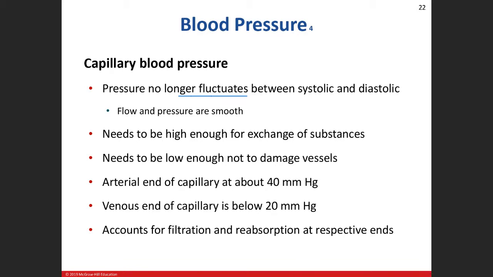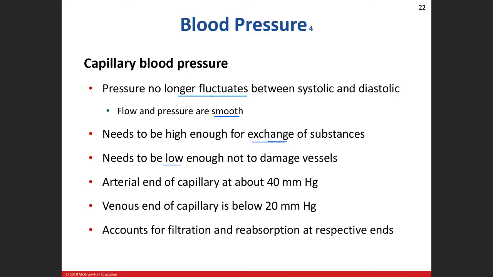And that's what we want, ideally, because remember what I said, the capillaries are the exchange site. We need to exchange nutrients and wastes across these barriers here. So the capillary pulse pressure, this is like Goldilocks and the Three Bears. We want it to be high enough so we can exchange our substances, but not too low.